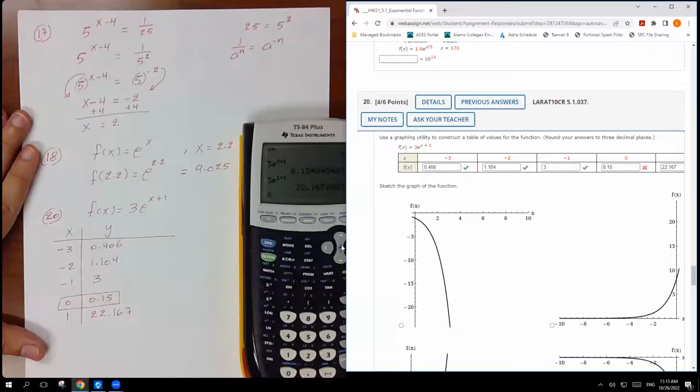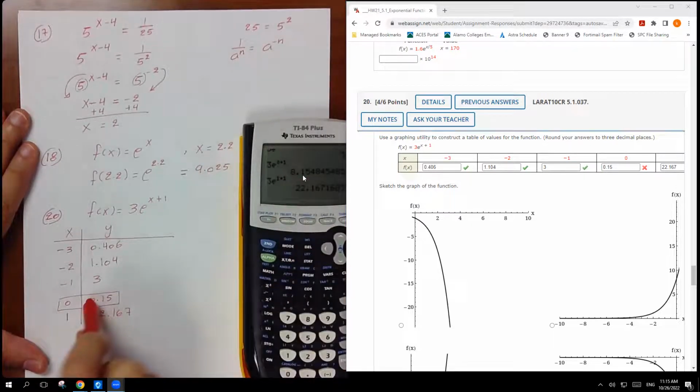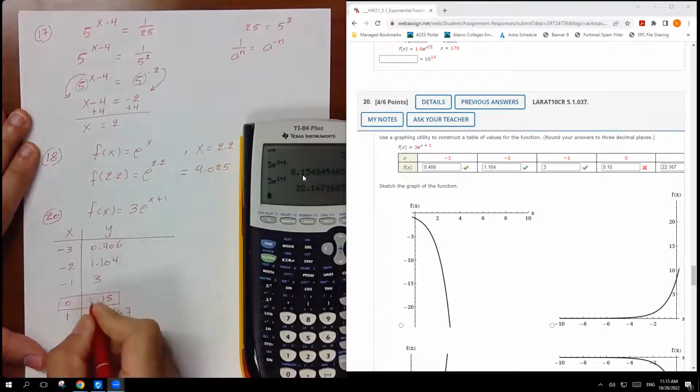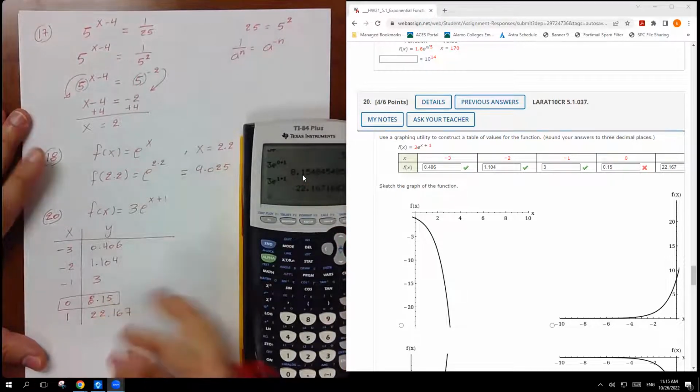Sorry, I did something wrong because I thought it's 0.15. At 0 the value is 8.15. It's 8.15, and 3 decimals, so 1548, so 155.